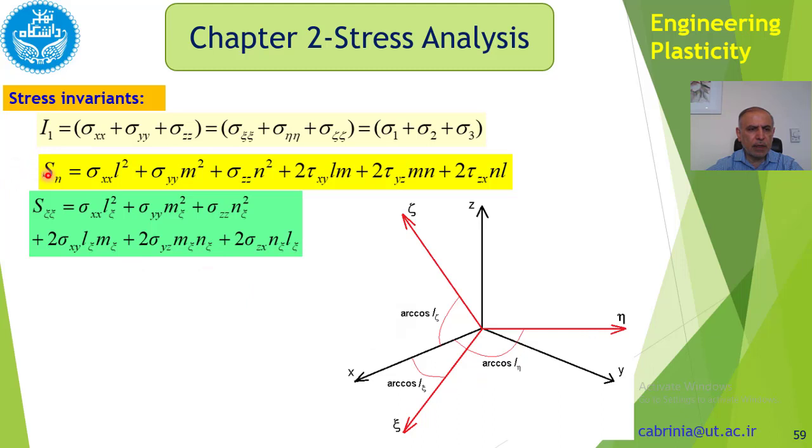Therefore, we can use this n: S xi is equal to sigma xx L xi, and so on. See, we are obtaining this S xi in terms of these components, because this Sn was a generalized line, and this L was the direction cosine of On, so this is the direction cosine of xi.